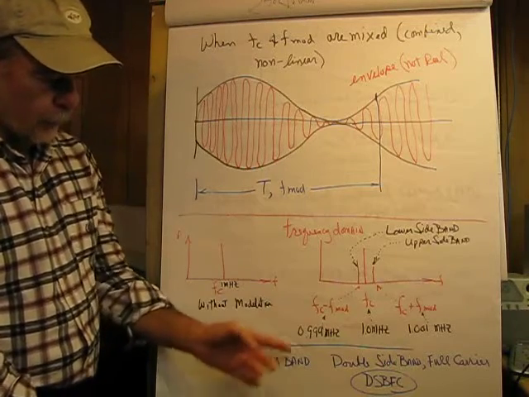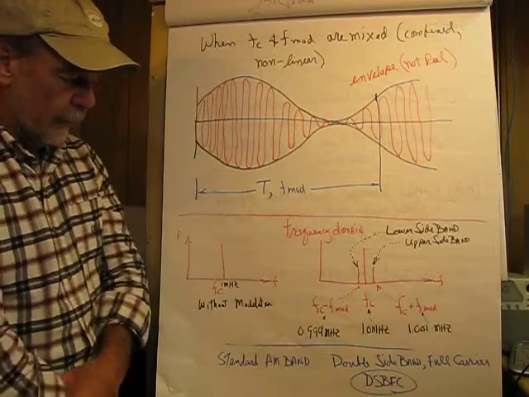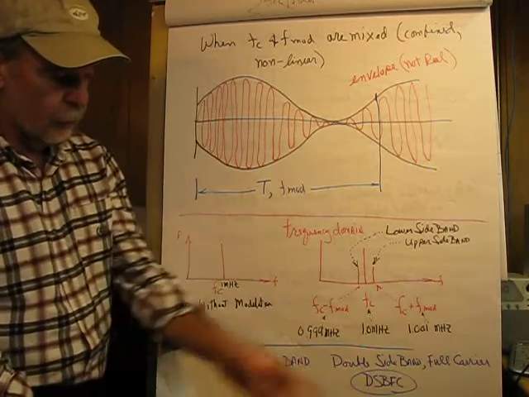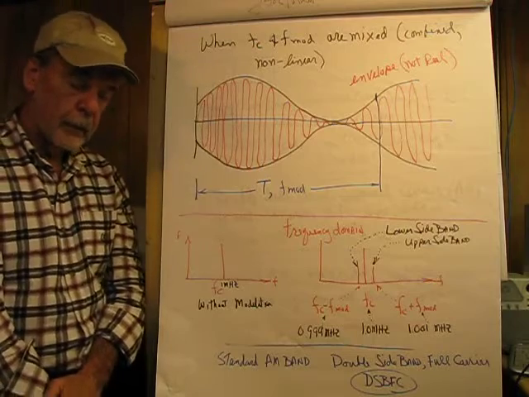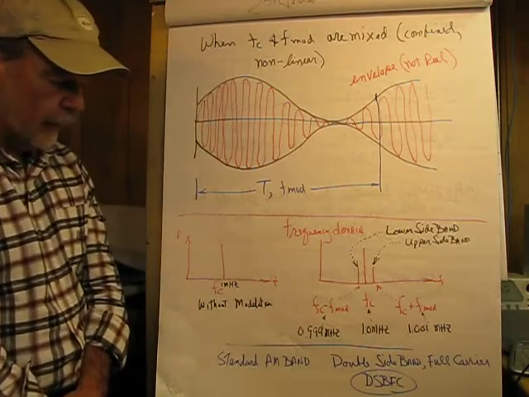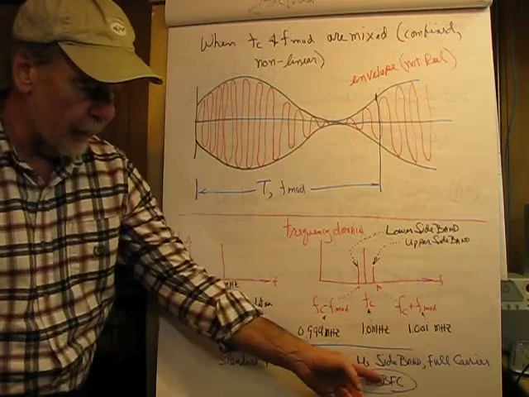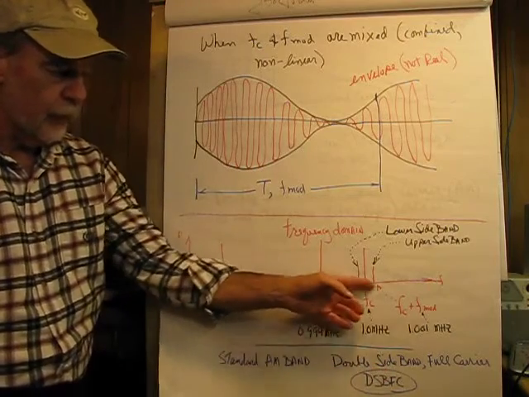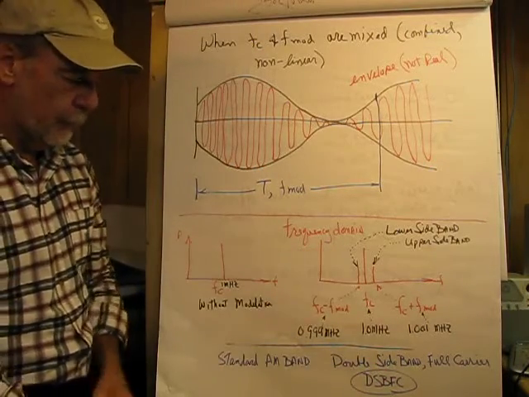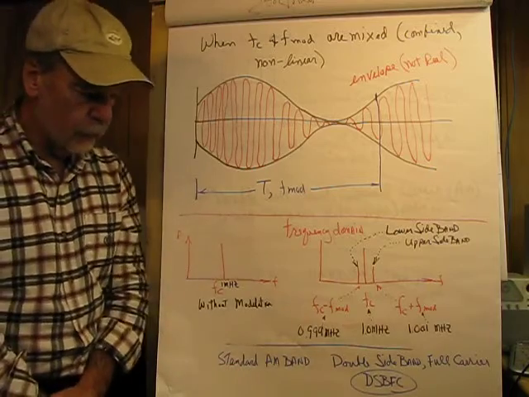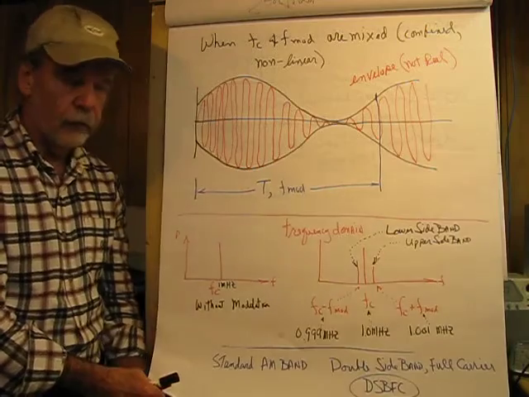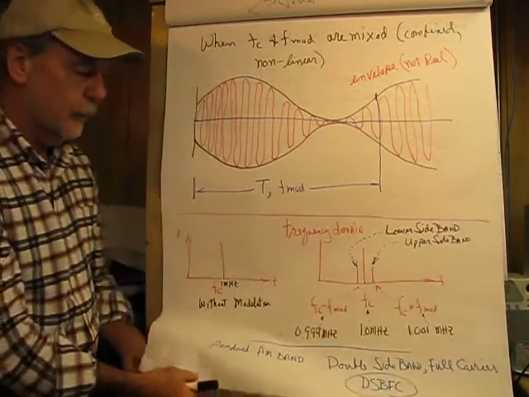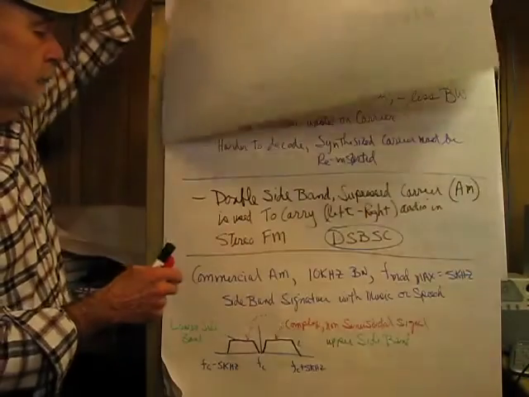So the range of frequencies for this example would be 999 kilohertz to 1.001 megahertz. Now, this type of AM is called double sideband full carrier. 2 sidebands, full carrier. And the acronym for that is DSBFC. So there are obviously other kinds of AM, which we'll be talking about briefly.